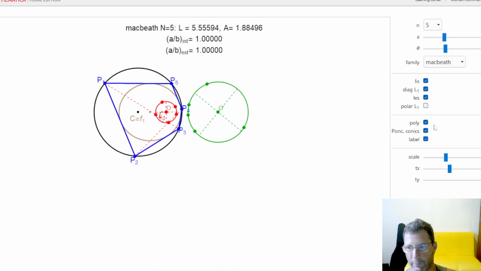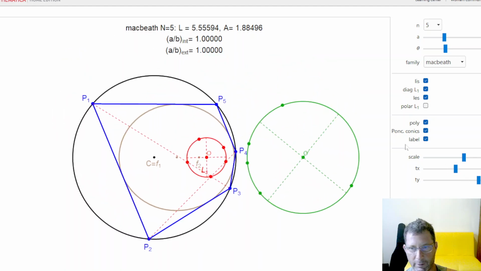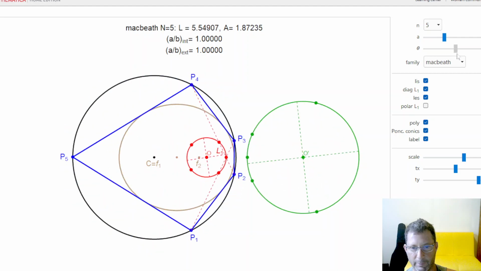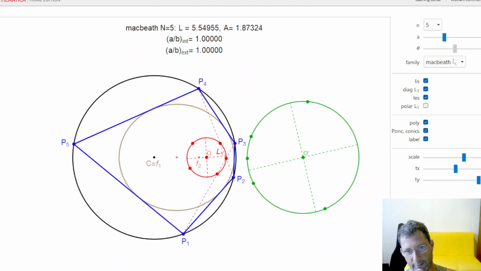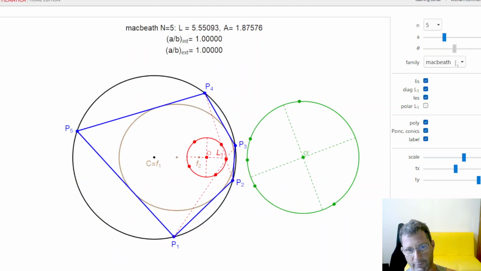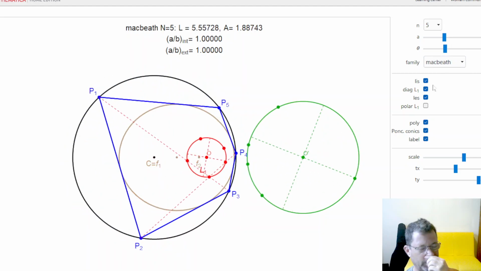So the construction is correct, and basically this is the phenomenon that I wanted to make this video about: these two circles of 5 points that are only obtainable under MacBeath n equals 5. Just a note that whenever you have n equals 5 in Poncelet, you're dealing with vertices that are very hard to parameterize. I believe that they are roots of quintic or sextic equations. So this is, I would say, an algebra-geometric surprise. All right, thank you very much, and I'll see you in a future video.